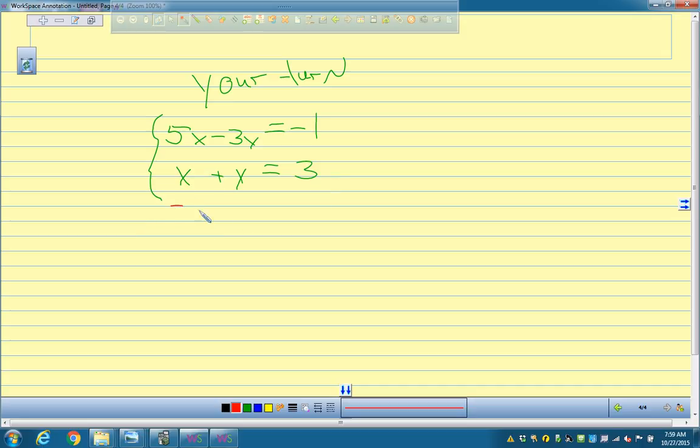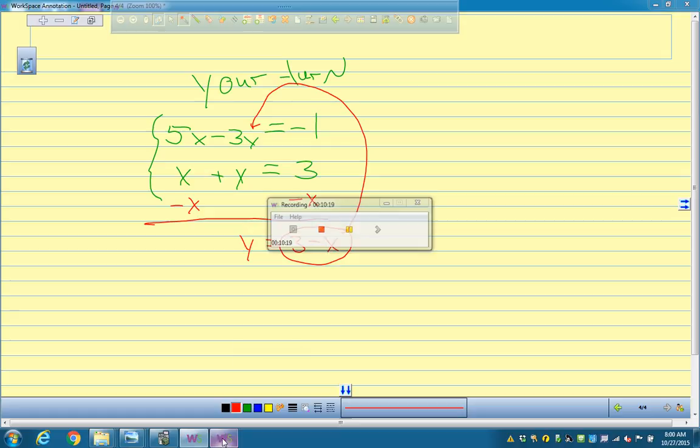So I'm going to subtract x from both sides, okay? And now I have y equals 3 minus x. And now I'm going to take that and plug it into here. Okay? So your turn, see if you could solve that by plugging in 3 minus x in for y into that top equation. Okay? Ready, go.